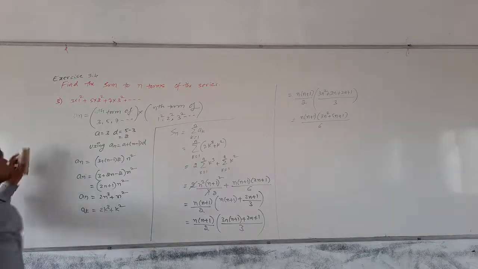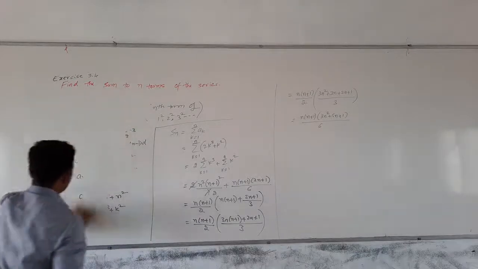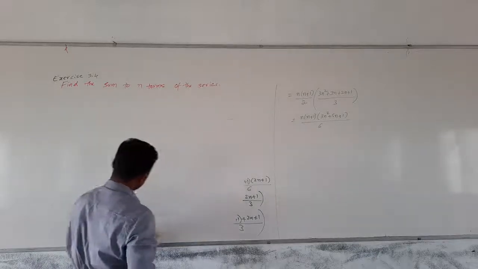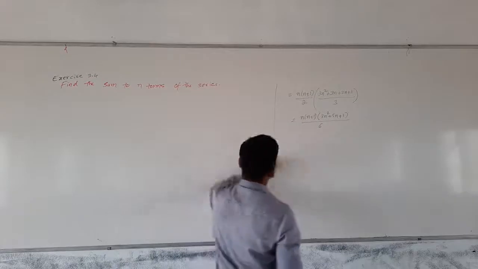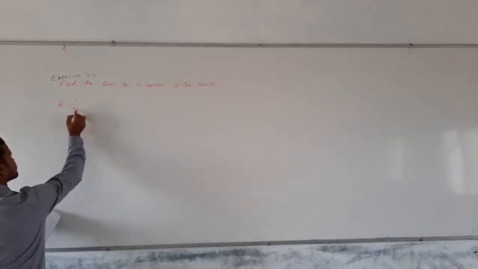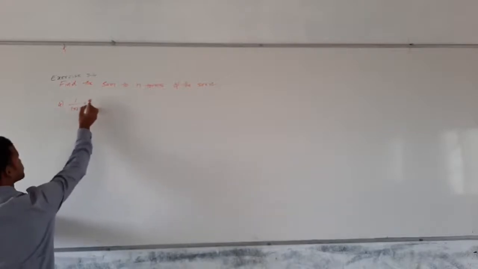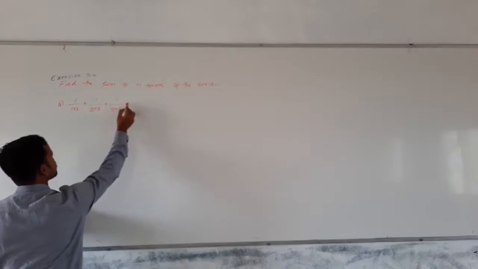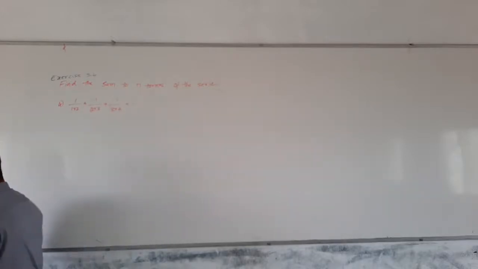Now we will go to problem number 4. Problem number 4, it is again a special series. 1 by 1 into 2 plus 1 by 2 into 3 plus 1 by 3 into 4, and so on, like that it is given.